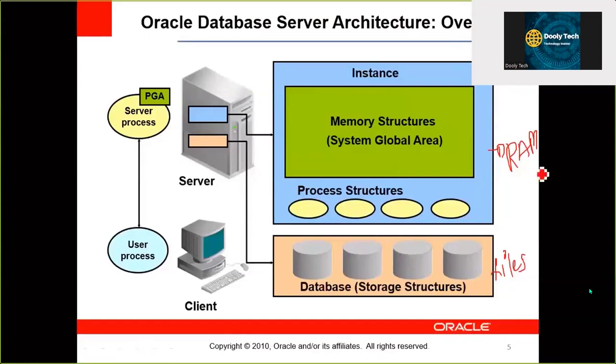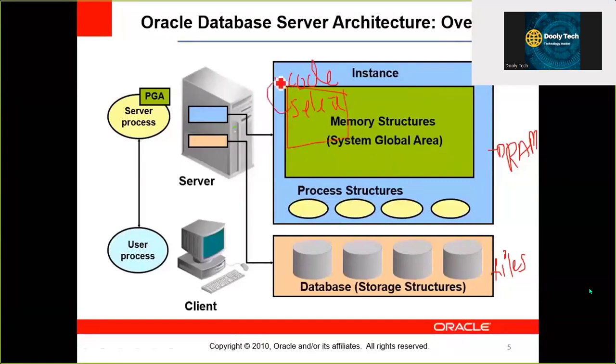But this instance is again made up of two components. One is memory structure. It is a memory to hold, and what to hold? You need your select statement also to be stored, which I will call code. Not only a select statement, but also a PL/SQL block or Java program. So you need some space to hold the code.